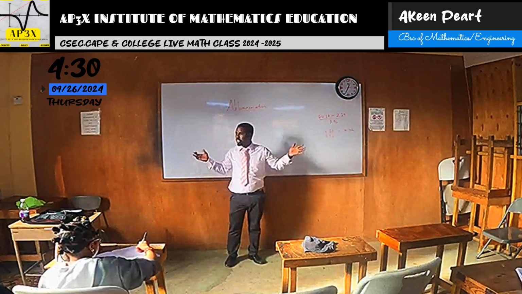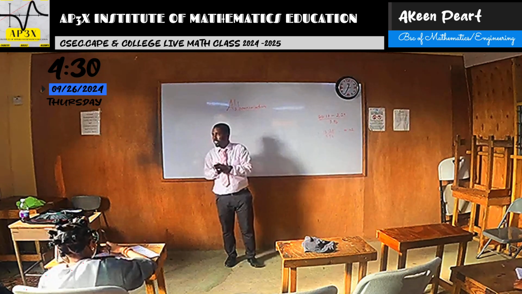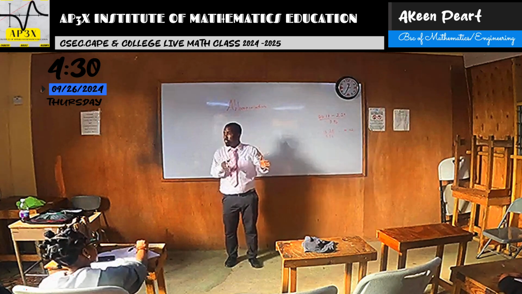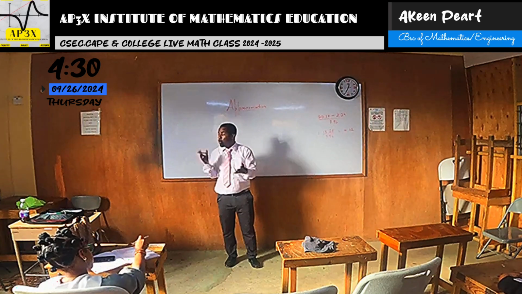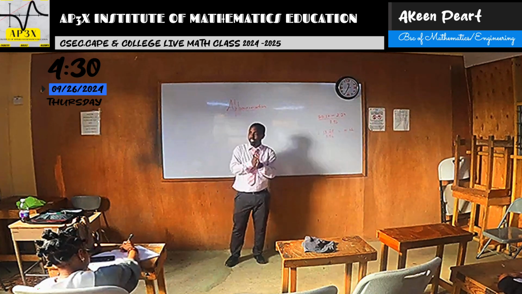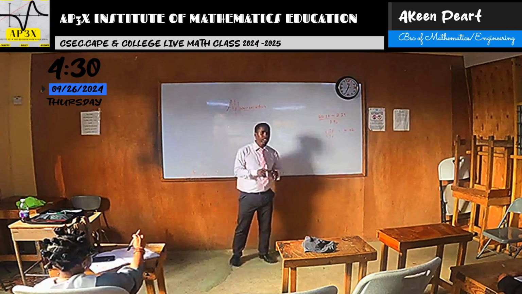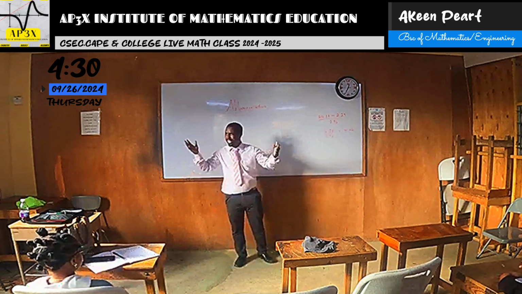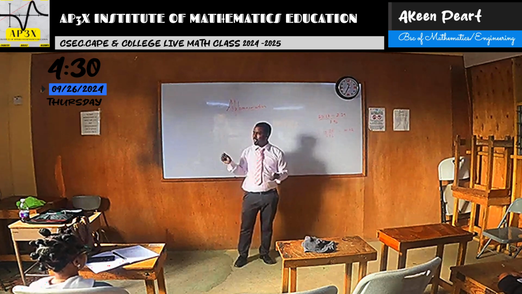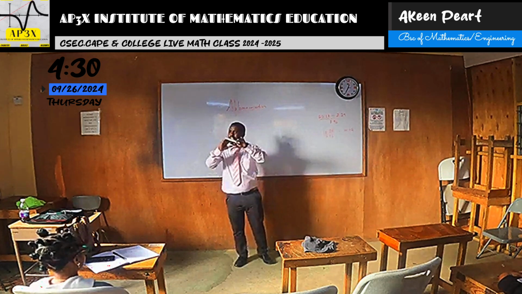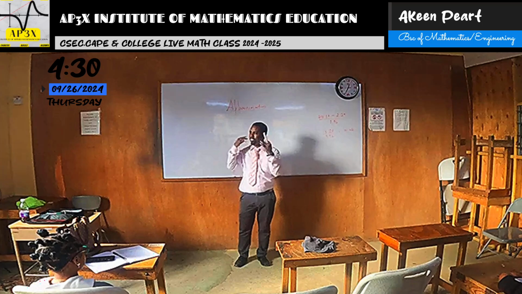Too long, too many digits. The most digits we want to see is nothing before the point and only 2 behind the point. The moment I start to have so many digits behind the point, I need to round off. Or if I have a very large number, something big like in the millions, trillions, I don't want to write that down on paper. I want to write it in a more simplified form. I want to have an idea.